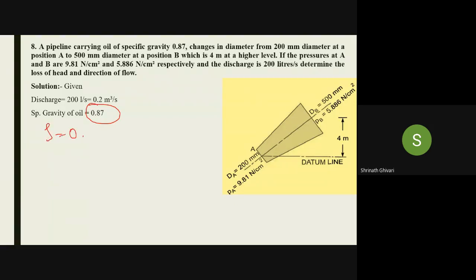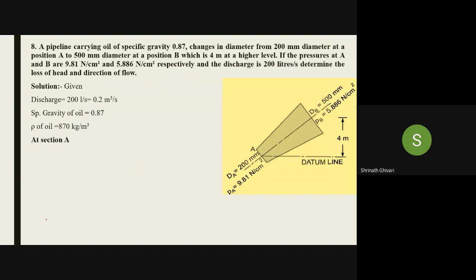Density equal to 0.87 into what? 1000. It will be 870 kg per meter cube. Okay, so we can calculate density using specific gravity by multiplying it with 1000. Okay, remember this. So density of oil is 870 kg per meter cube.